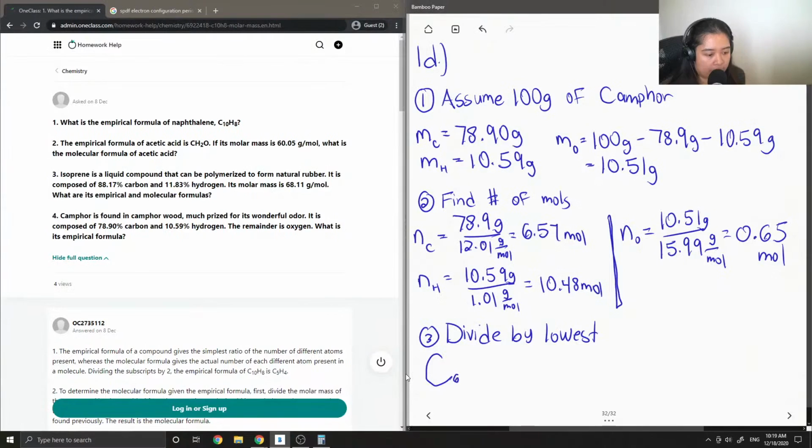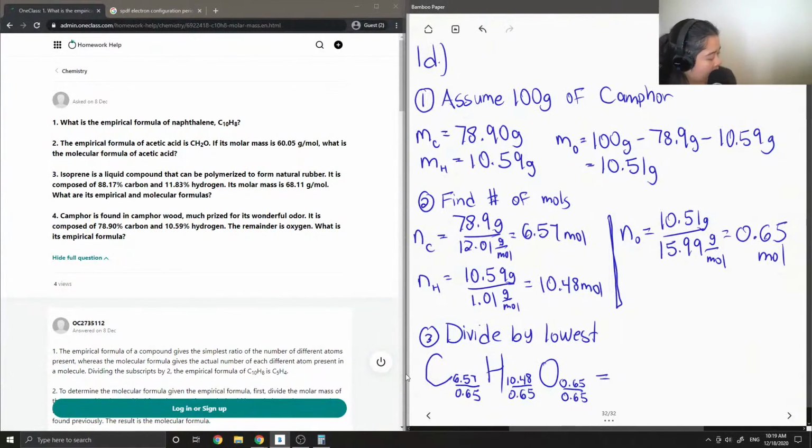For carbon, it's going to be 6.57 divided by 0.65. For hydrogen, it's 10.48 divided by 0.65. And then for oxygen, it's just 0.65 divided by 0.65.